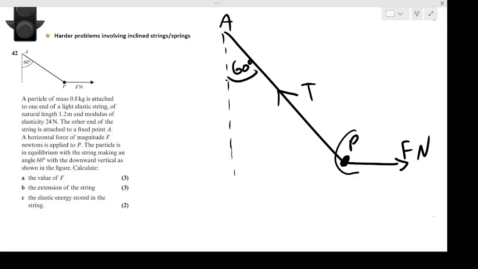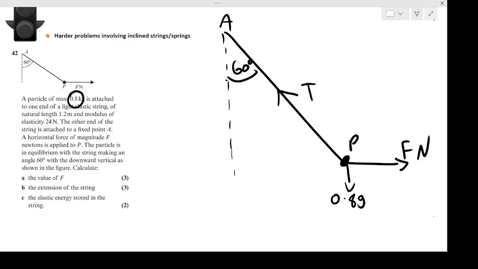But also at P, obviously the particle is going to have a weight. Now the mass of the particle is 0.8, so it's going to be 0.8 g. Okay, but also what we need to do is, because now the string and the tension force is at an angle, it's at an angle 60, we're going to need to split it horizontally and vertically.